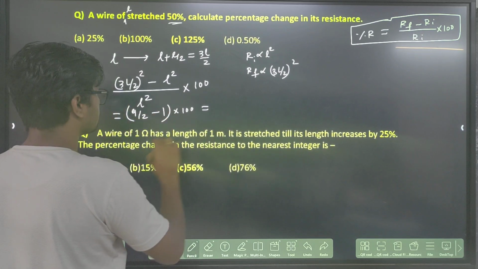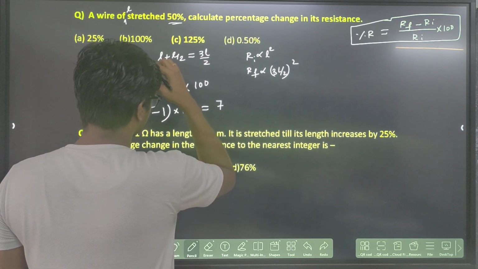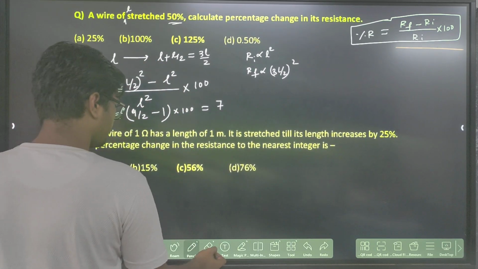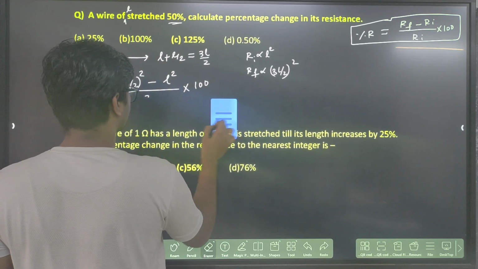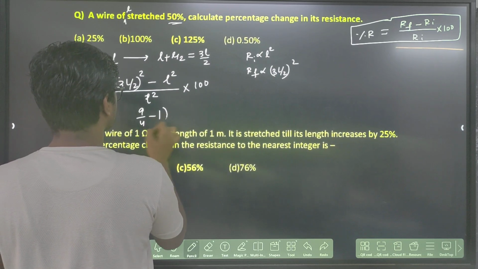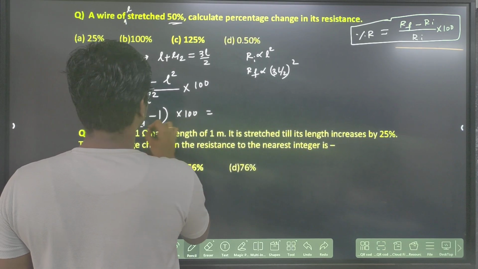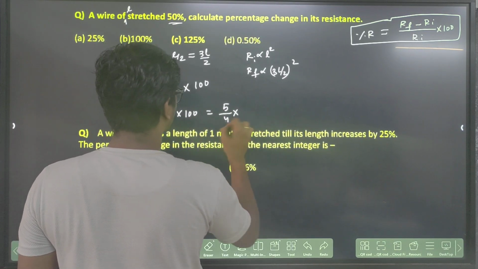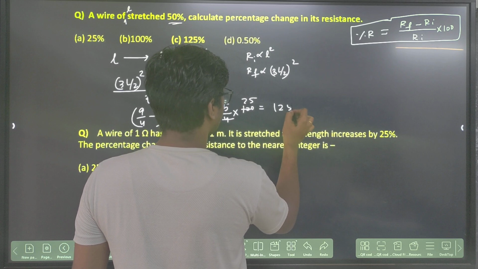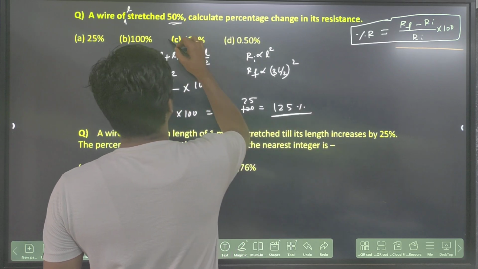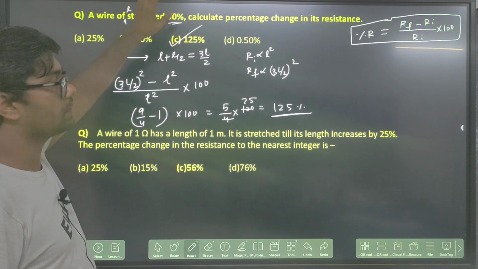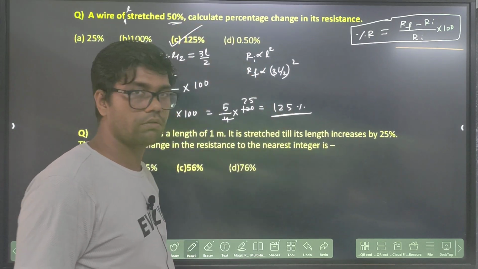Sorry, not 9 by 2, this will be 9 by 4. So this will be 9 by 4 minus 1, into 100, so this will be 5 divided by 4 into 100, which is 125 percentage, right? So option number C will be correct. So if the length is increased 50 percentage, the resistance will increase 125 percentage.